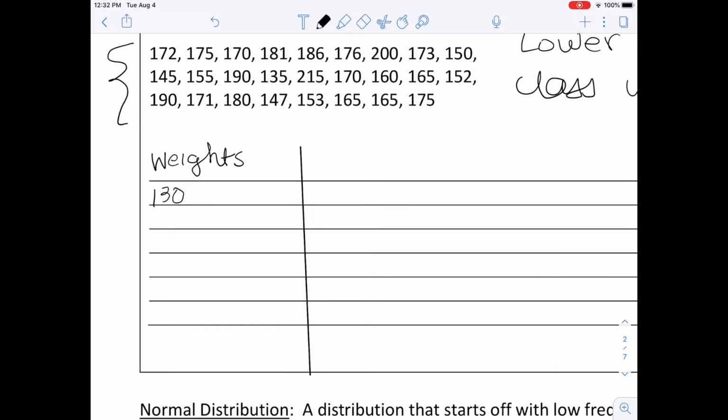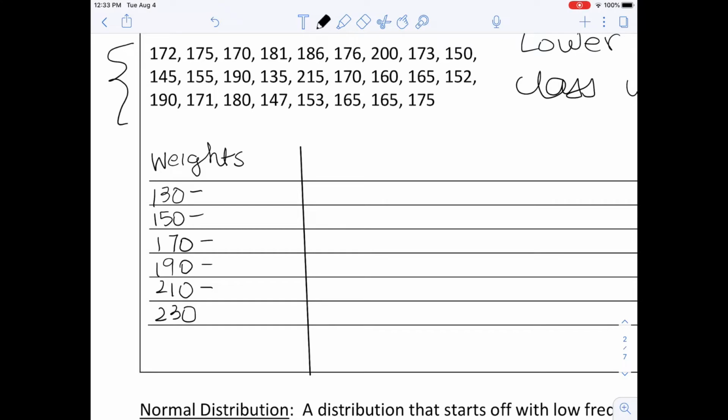Adding on my class width of 20, I get 150, 170, 190, and then 210. If I were to go with another one, I would be at 230, so I'm not sure if I need that last class. Let's look at the upper class limits.